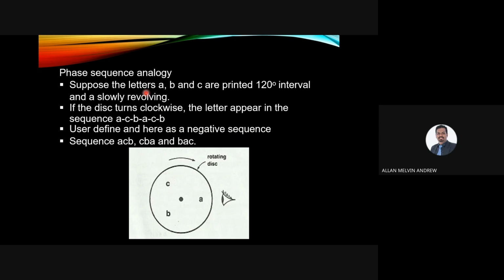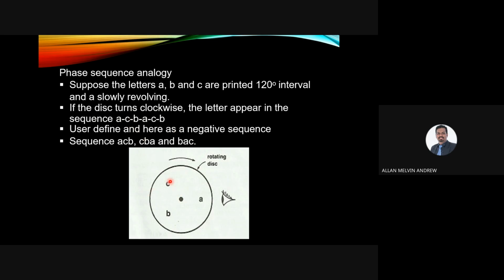Okay, so that is for when the disc turns counterclockwise. When the disc turns clockwise, same setup, but now the disc is rotating clockwise. So your eye is here. When we rotate clockwise, you will see A first, then you will see C, and then B, and it goes on.